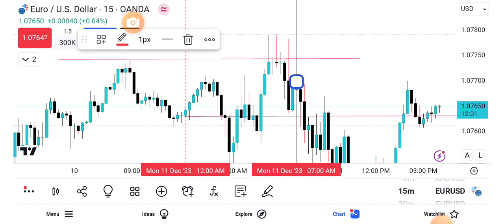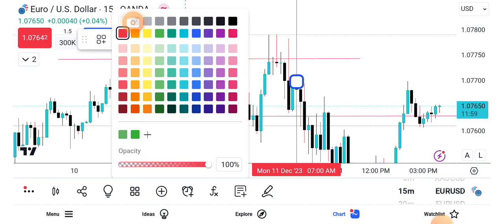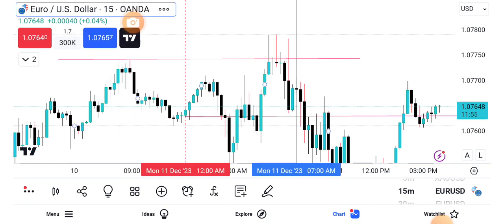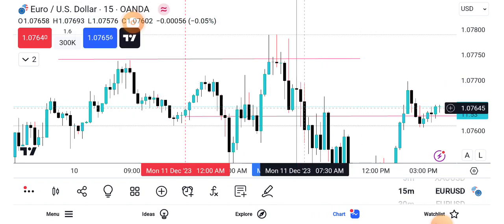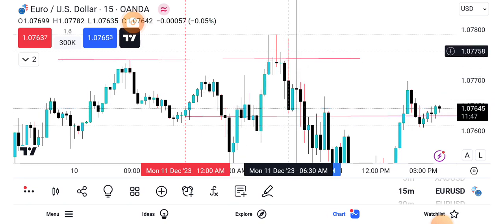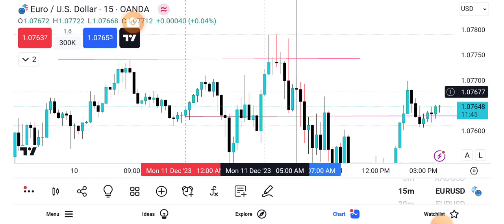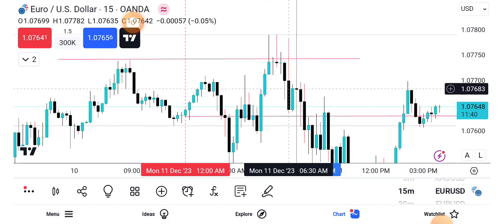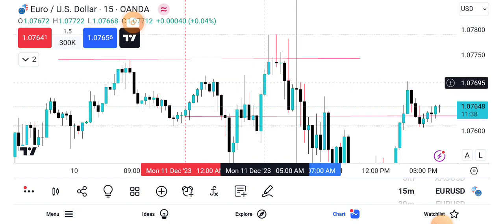Let me make these bluish, because we want to see, yeah, now this is our time, our New York time. We've seen this liquidity being grabbed. We've seen the market close below this fair value gap, or this imbalance.